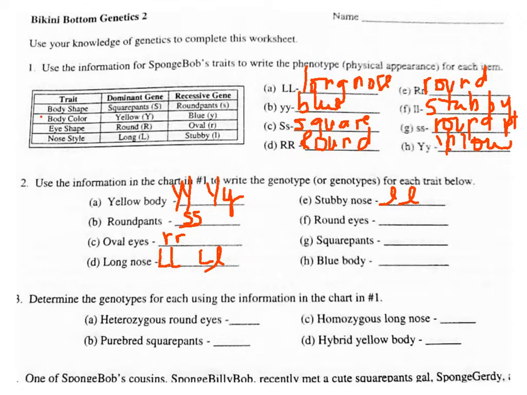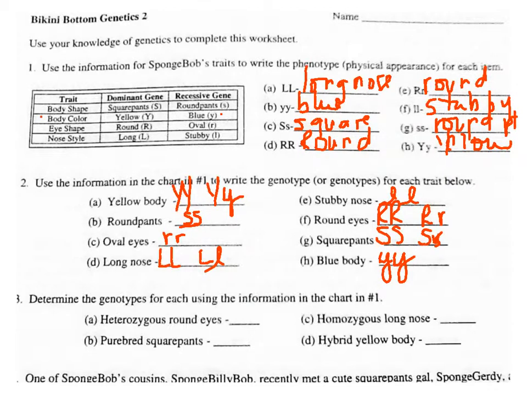Round eyes are dominant, so we could have homozygous or heterozygous, and they both would be round. Square pants is another dominant, so either homozygous or heterozygous, and they'd both be square. And then blue, blue is recessive, so little y.